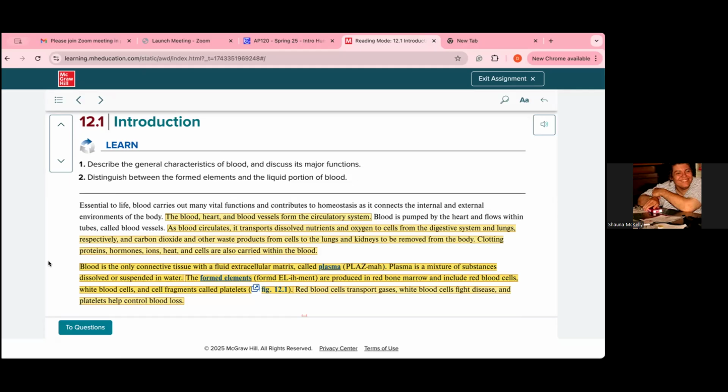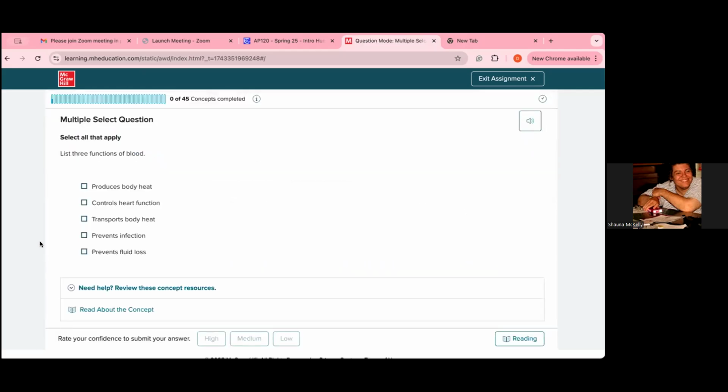So let's see. Okay, so anything about transferring nutrients or oxygen? Let's see what the question gives us. Produces body heat, controls heat function.